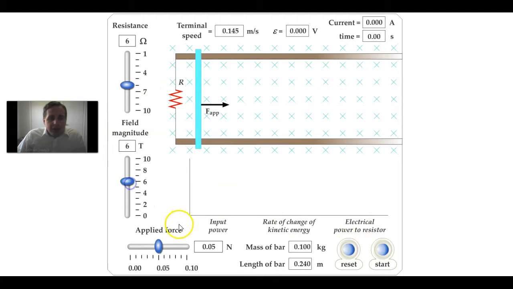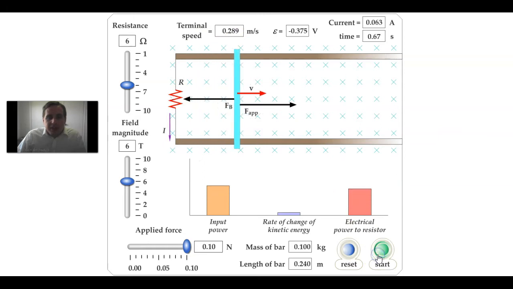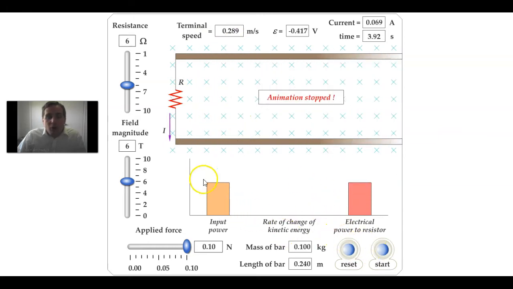Let's make another change. Let's have a much larger input applied force. Well, if we double that input force, I think the terminal speed will be greater, and it's going to take longer to reach its terminal speed. Let's see that. Okay, so that is indeed the case. Because if we pull with a larger input force, there's more input power than the original experiment required, and more power dissipated to the resistor.